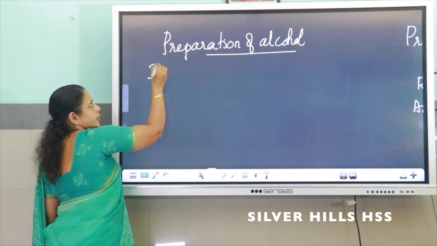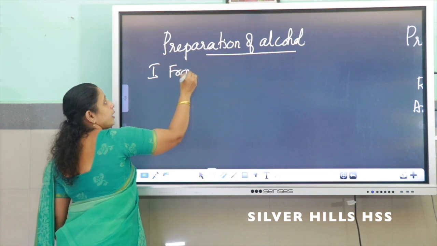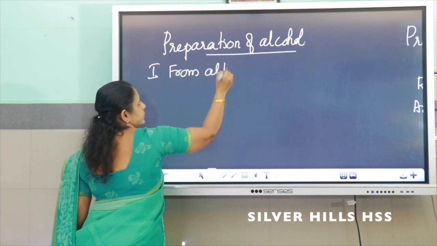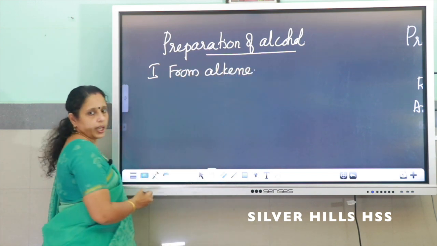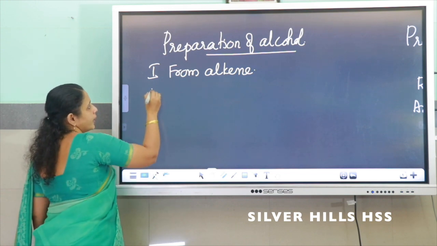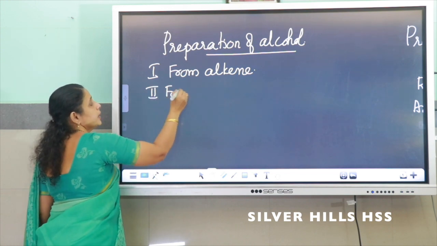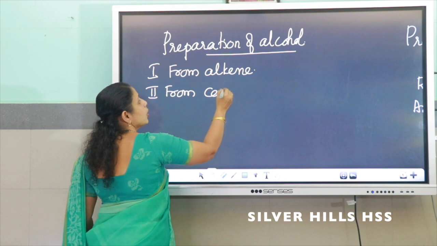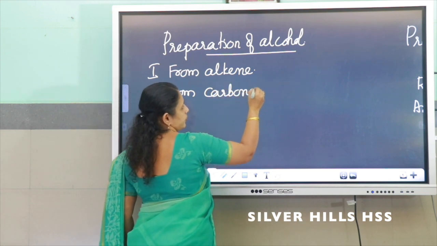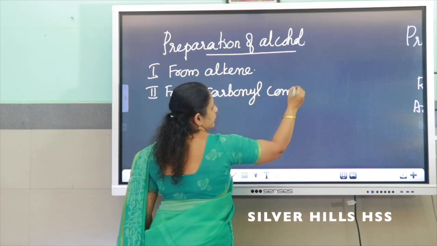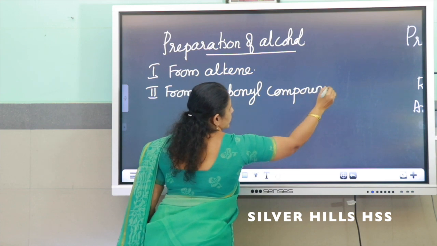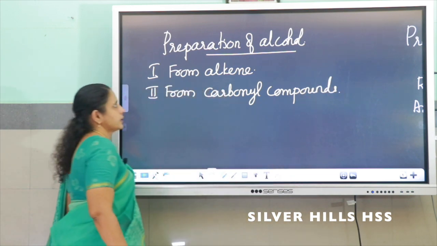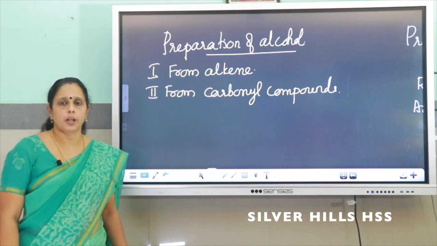First one, from alkene, and the second one is from carbonyl compounds. These are the general methods of preparation of alcohol.